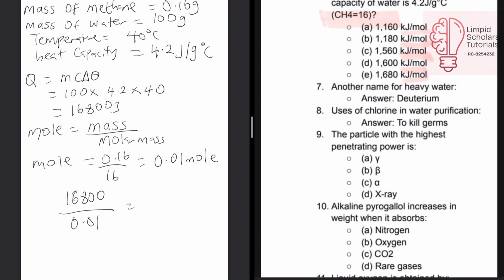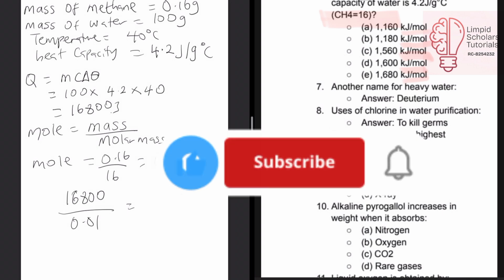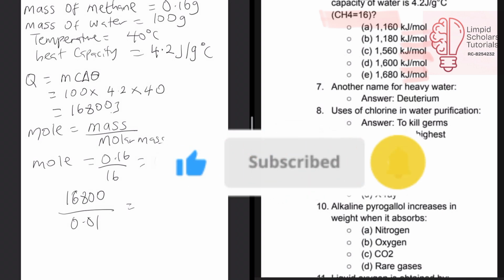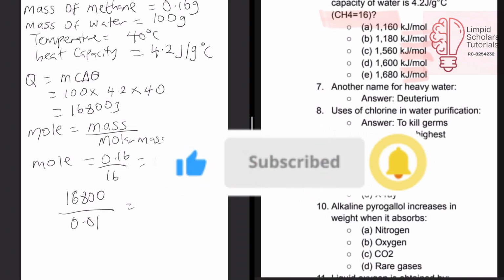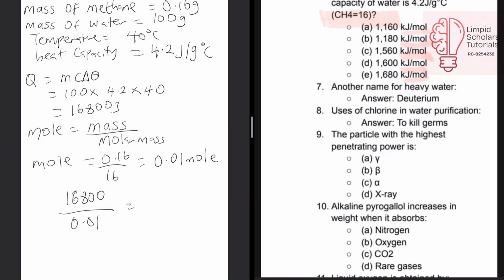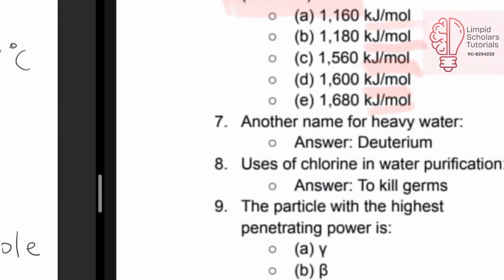So 16,800 divided by 0.01, we are having 1680 kilojoule per mole, making this the correct answer.